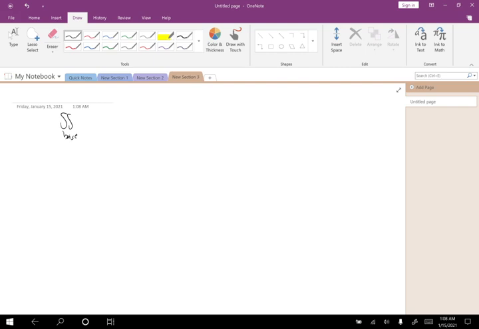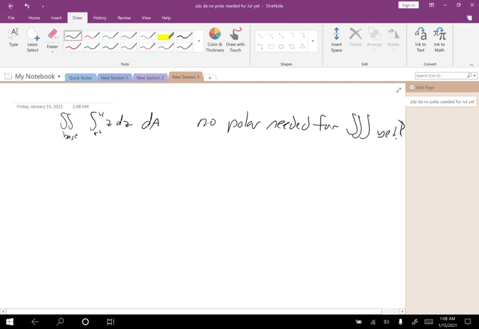So we have the base, then we have r squared to 4 of z dz, then we have dA. And what I'm saying is that that z integral is totally doable without polar. So no polar needed yet. We don't need the polar coordinates yet, or cylindrical. So let's just do that one.